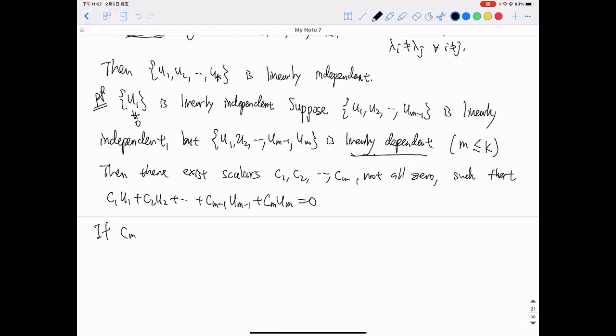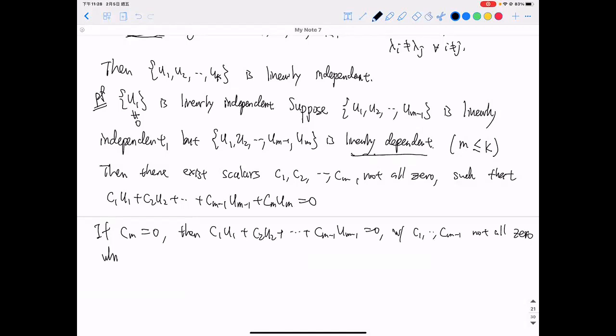So if Cm is 0, then this equation becomes C1U1 plus C2U2 plus up to C(m-1)U(m-1) equal to 0 with C1 through C(m-1) not all 0, which means that U1 through U(m-1) is linearly dependent, a contradiction, right?